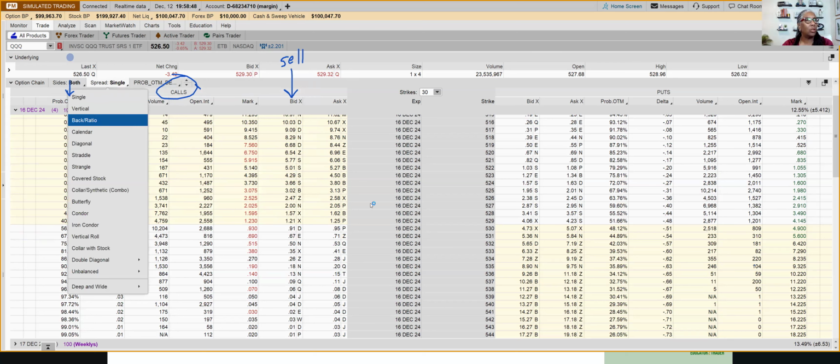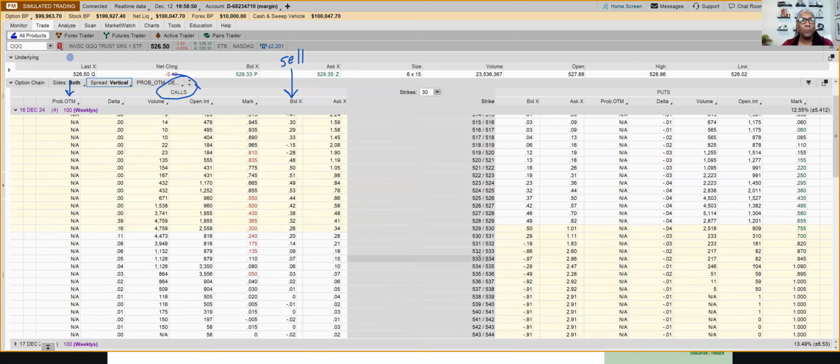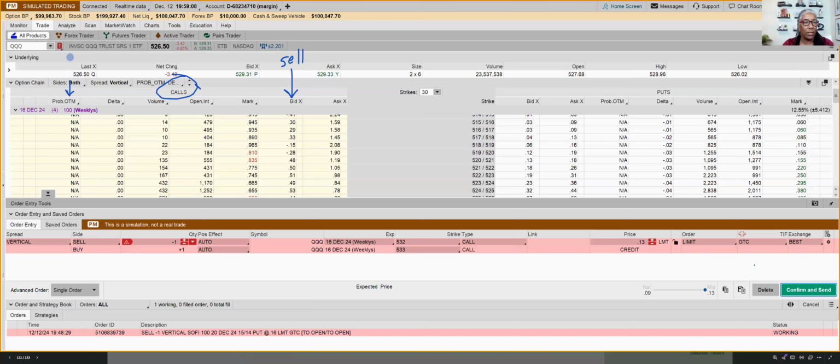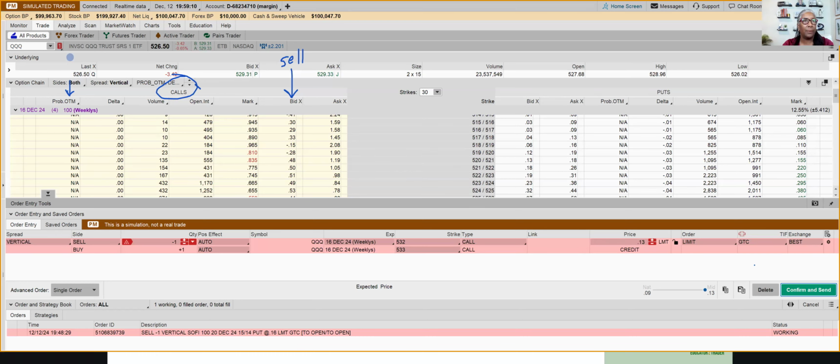Okay, so let's go back to 532, 533. Taking in $13 in premiums. 13, both of them is $100, because if it's a one spread, the amount between the two strikes is called the spread.